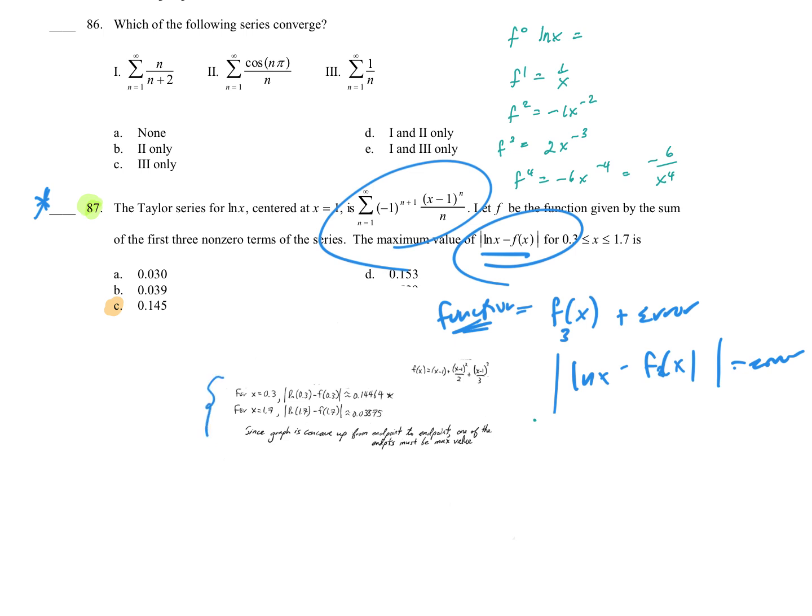So what this person did here was they did it for 0.3 and they did it for 1.7. So they actually calculated ln of 0.3. And then this f of x is basically the 3rd, because it's using 3 terms. So for this, they're plugging into this 1, 2, and 3, right?